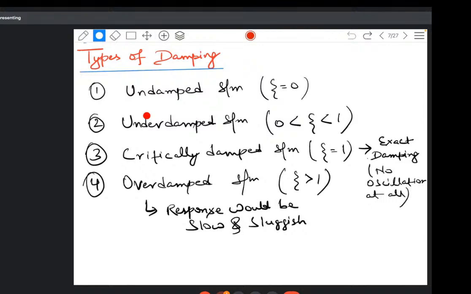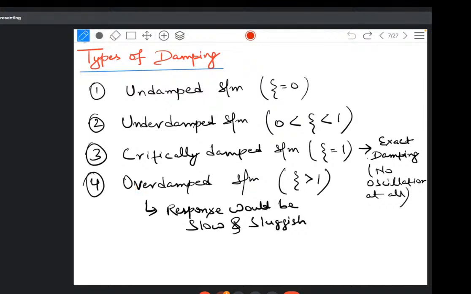And overdamped means the oscillations will not be seen, but the swinging of a door or window will come to its original position very slowly. So that is the example which I can give you to relate the underdamped, critically damped and overdamped system.